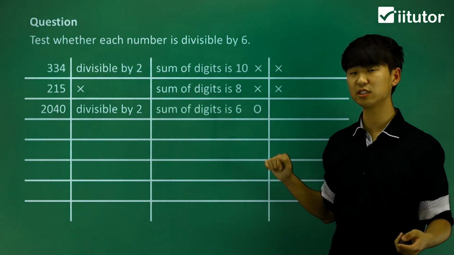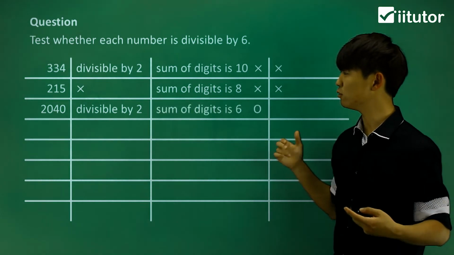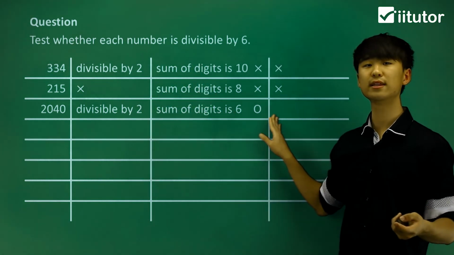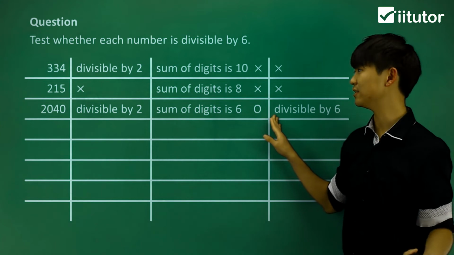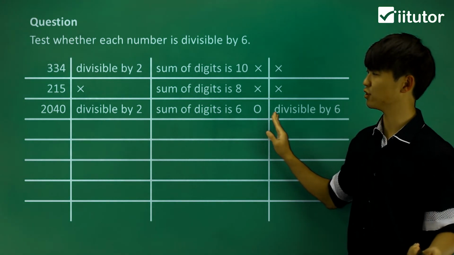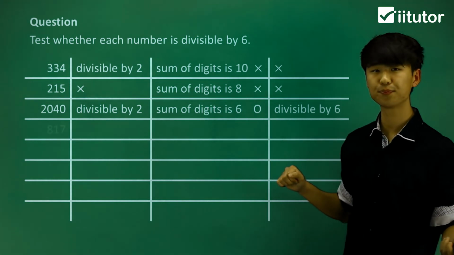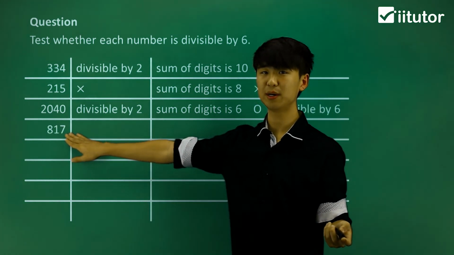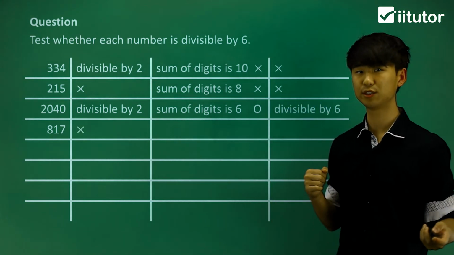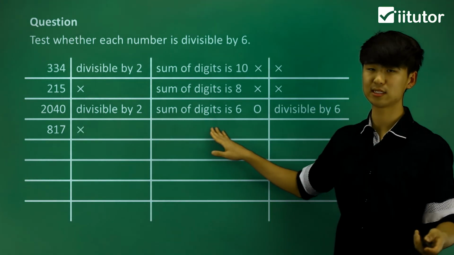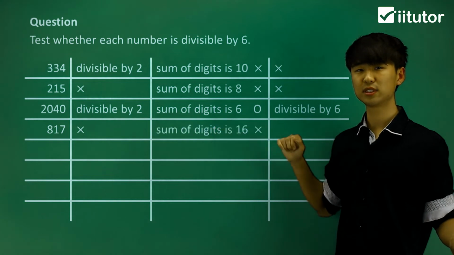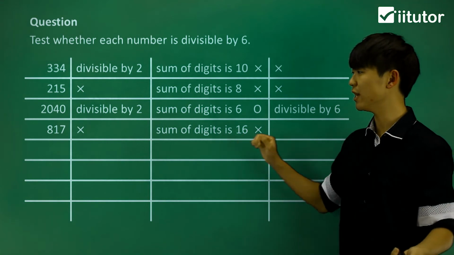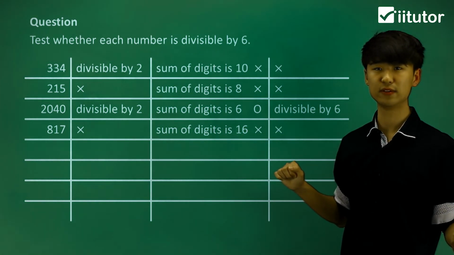The sum of the digits is 6, which is divisible by 3. Also it's divisible by 2 and by 3, so this number 2040 is divisible by 6. It satisfied both of them. 817, already this is an odd number, so it's not divisible by 2. Let's just have a look at the sum of the digits anyway. Sum of digits is equal to 16, so it's not even divisible by 3. So 817 is not divisible by 6 at all.